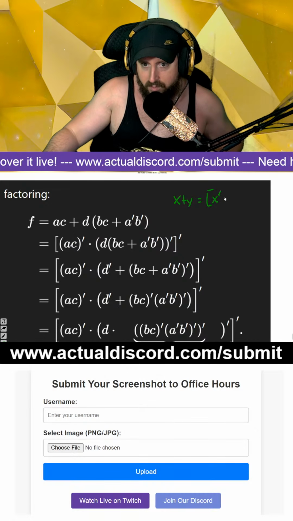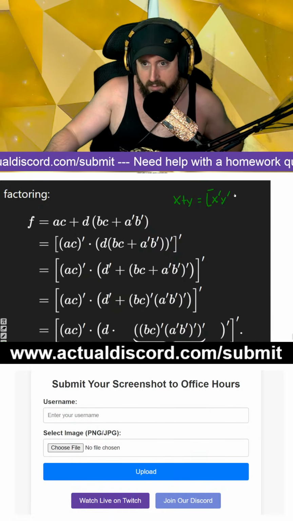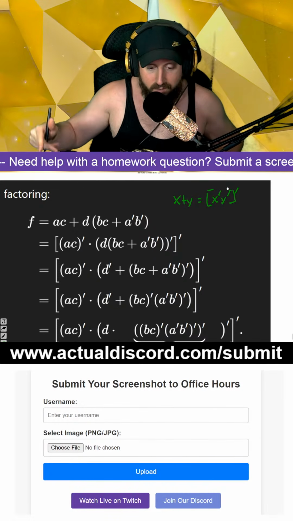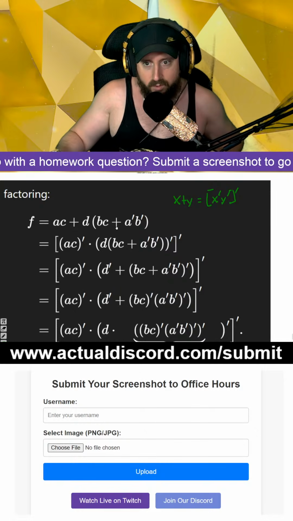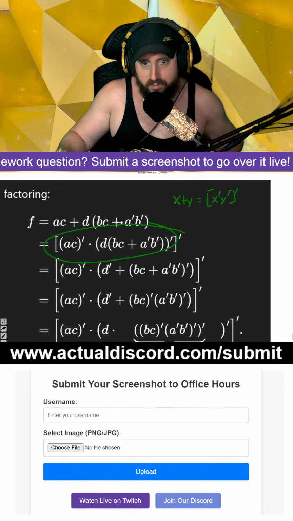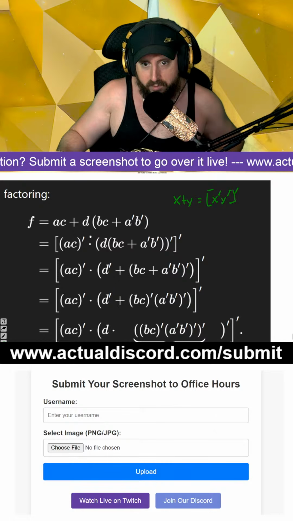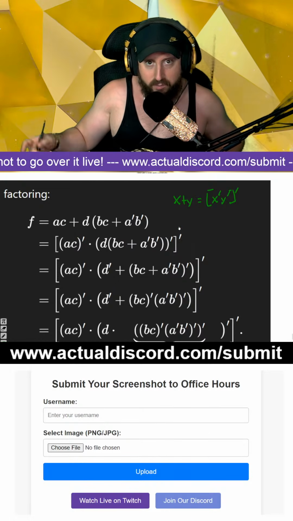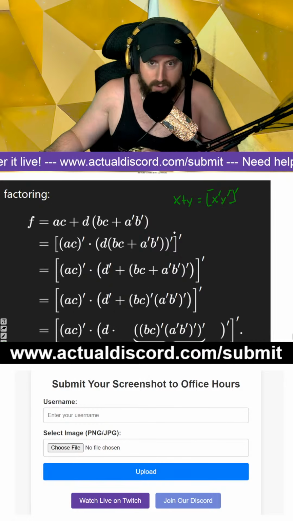So not x, not y. It's like not x and not y, right? So I understand how this is turning into this. They're putting a not on both of these things. They're changing the or to an and, then you have to put another not outside.